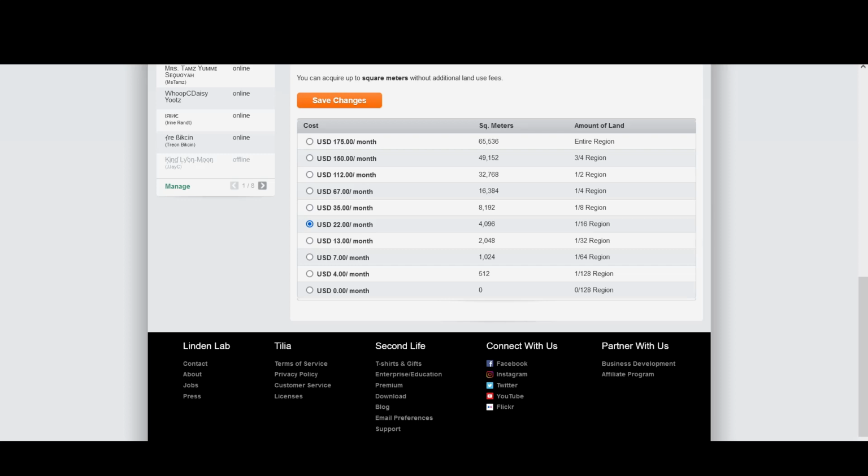And anytime you are even 1 square meter over your allotted limit here, it bumps you up to the next tier.